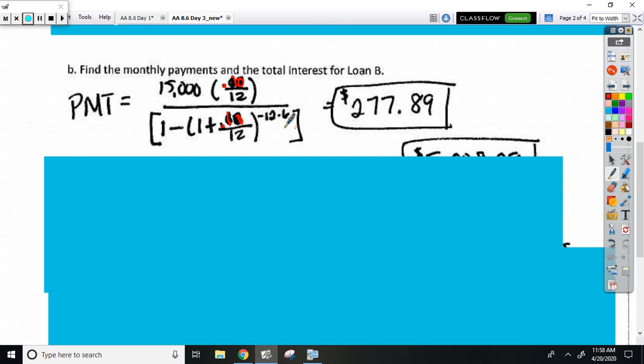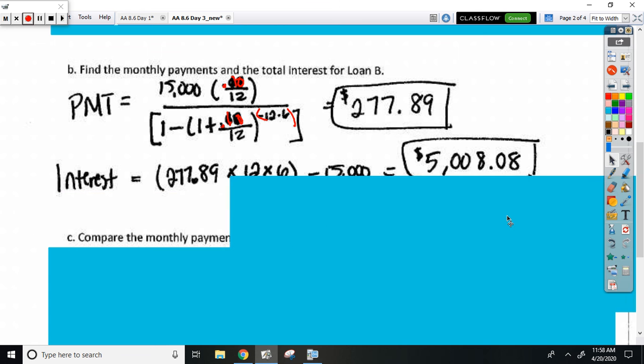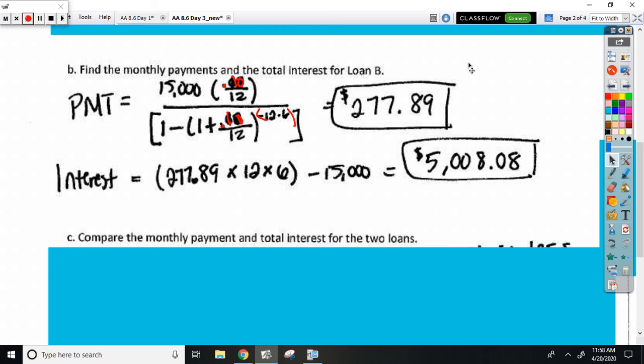And then that's our negative 12 times 6. When we punch that in our calculator, we should get 277.89. Again, take that number times 12 months, but this time times 6 years. And minusing our 15,000, we should get $5,008.80.